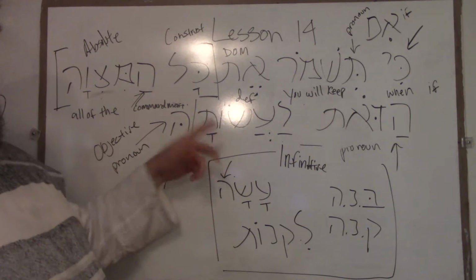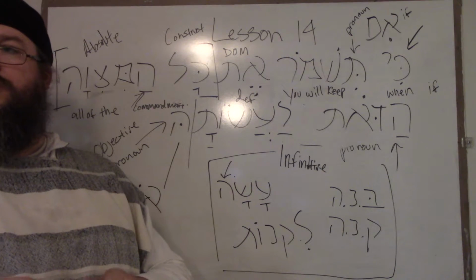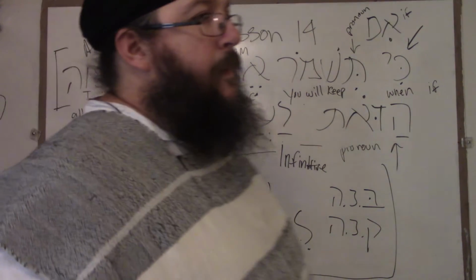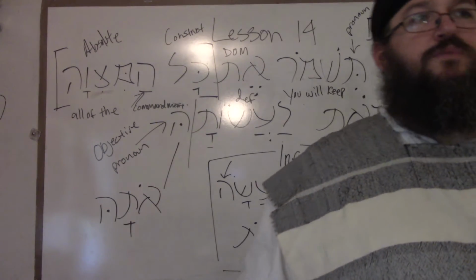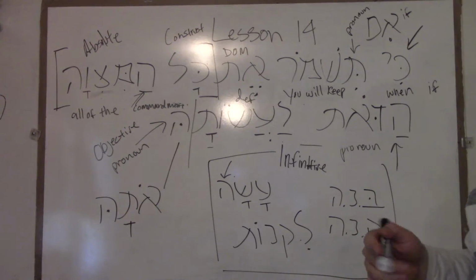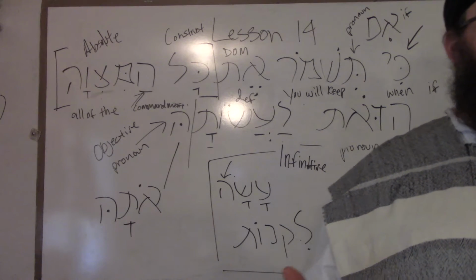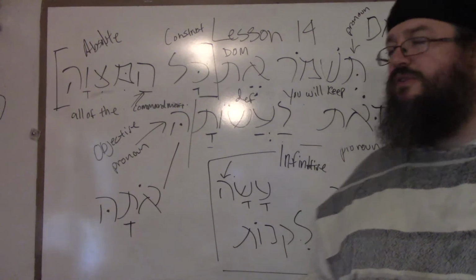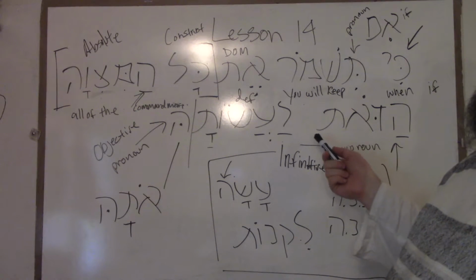I added the vav here. I know the book doesn't have the vav with regard to la'asota, so that also is important to know, because we're talking about how you write these forms out completely, accurately and correctly, so that you can know for yourself when you're writing this out.